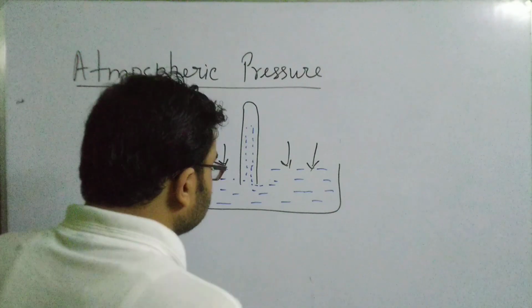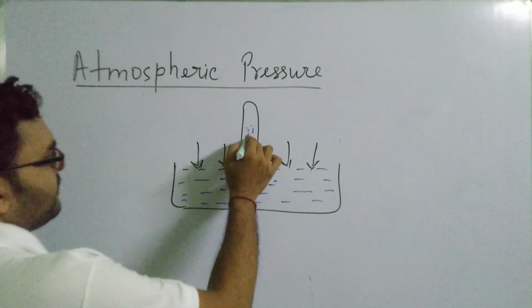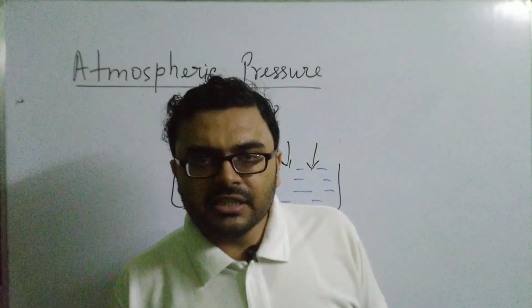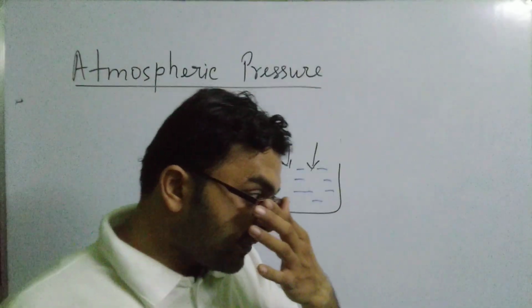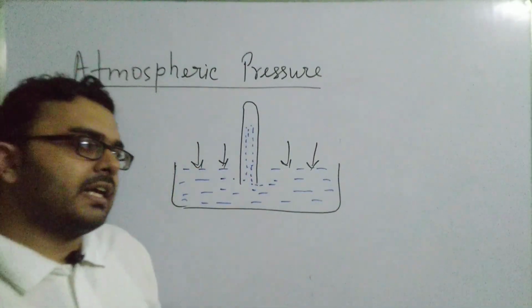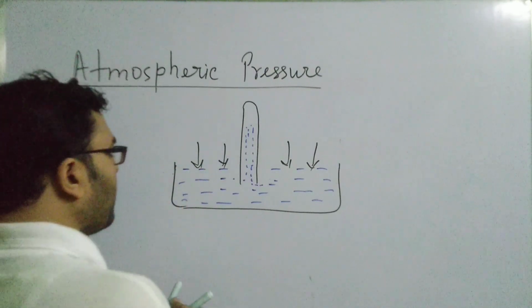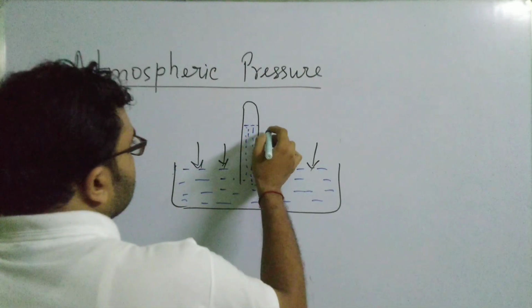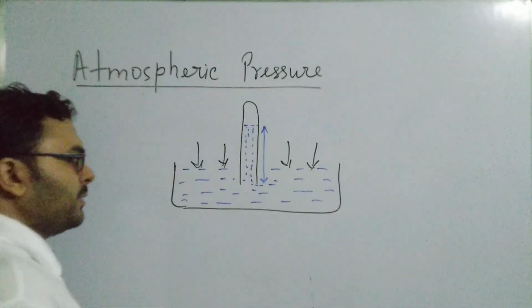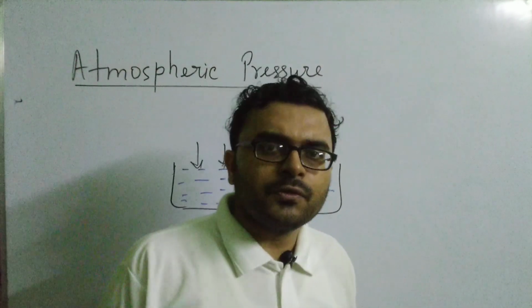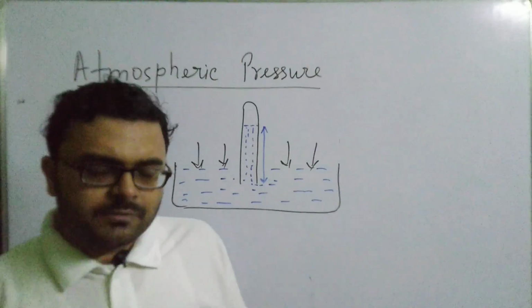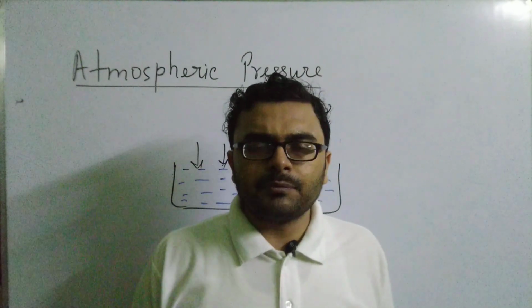Because the mercury going up forms a liquid column, and as we know, a liquid column exerts pressure, which increases with height. As the mercury column goes up, the pressure exerted due to its height becomes equal to the atmospheric pressure, and the liquid stops flowing up.